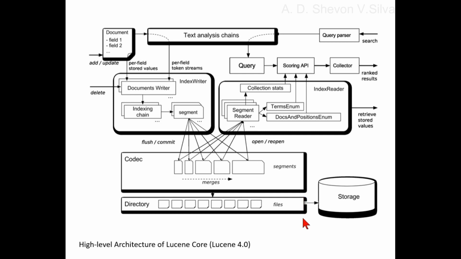Directory API. Finally, the physical I/O access is abstracted using the directory API that offers a very simple file system-like view of persistent storage. The Lucene directory is basically a flat list of files. Files are write once and abstractions are provided for sequential and random access for writing and reading files.